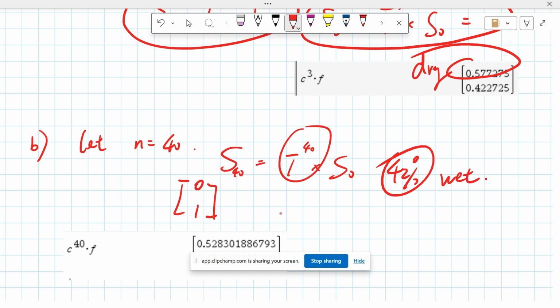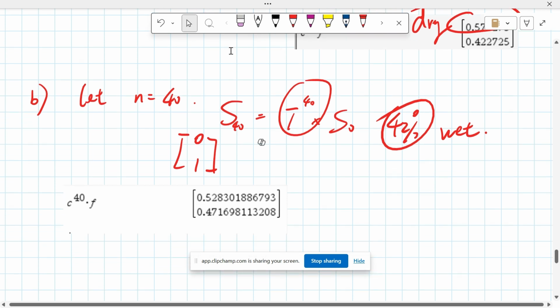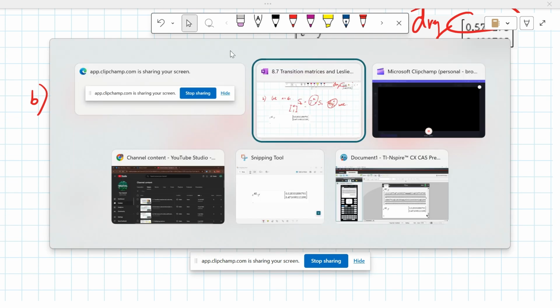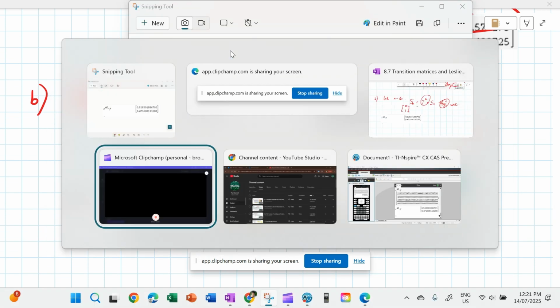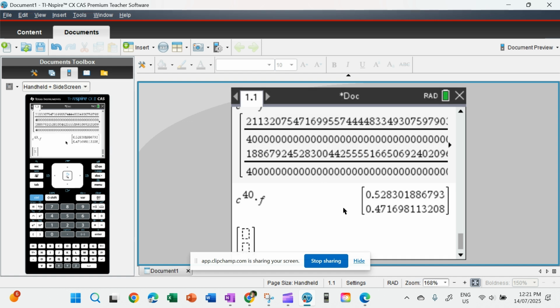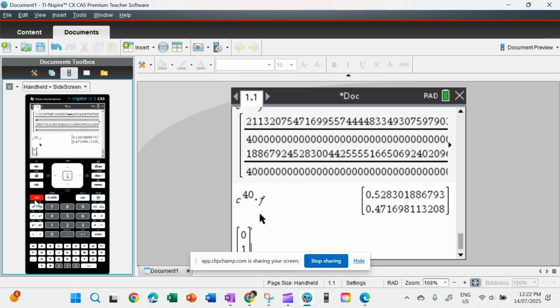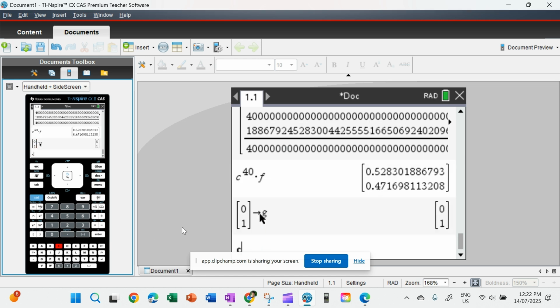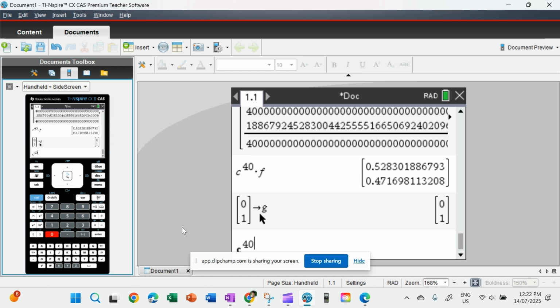Now what we do is figure out how long it takes, using CAS. Let's try that real quick. We say 0 and 1, and control variable we say g. So now we do T to the power 40 multiplied by g.